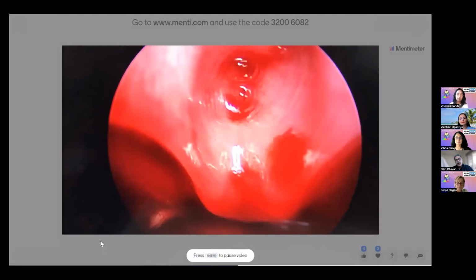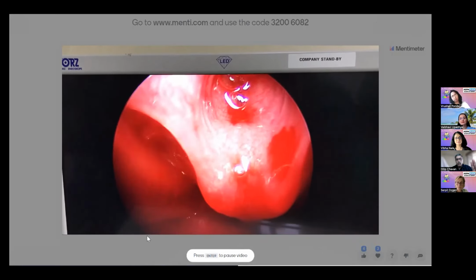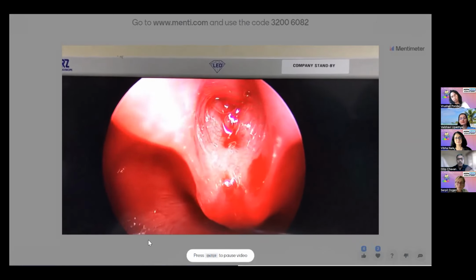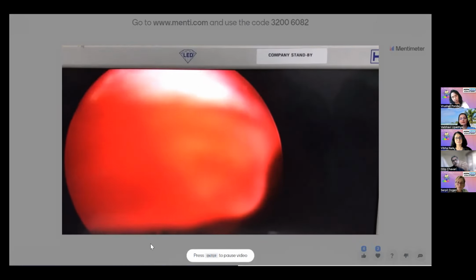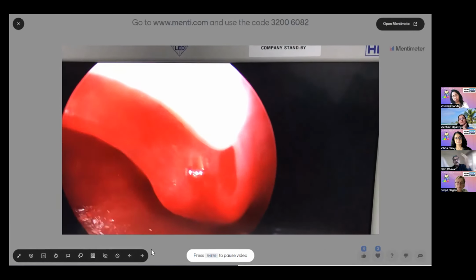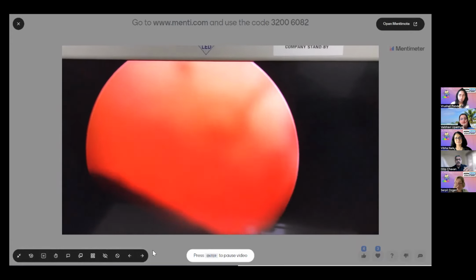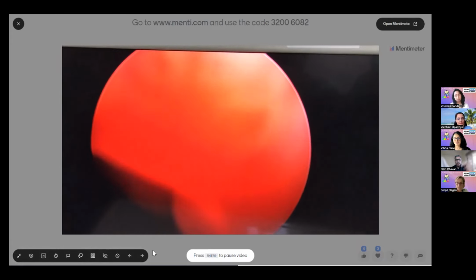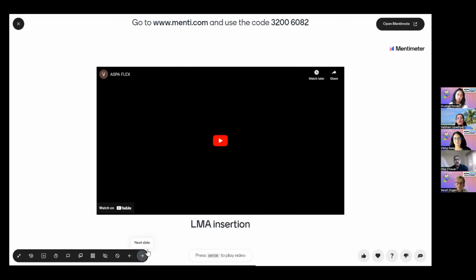So the first thing we came to know was that the glottic closure is there and the tube is going into the esophagus. So we came to a conclusion. Again we did a mask ventilation, and then what we did in this case was we did a tracheostomy, and then we did a bronchoscopy, and we can show you the video of how.